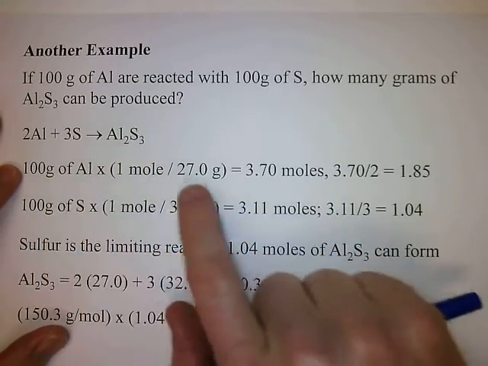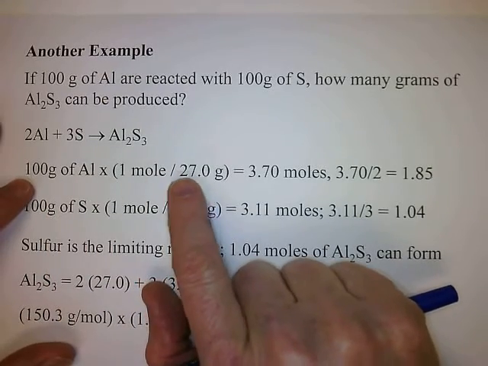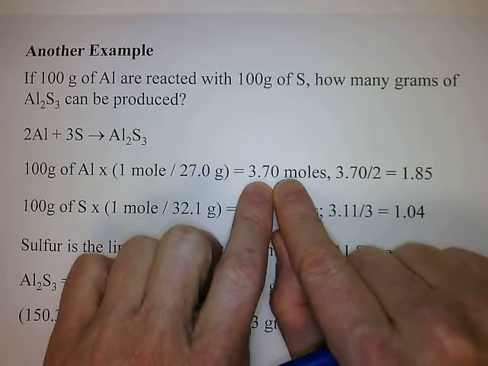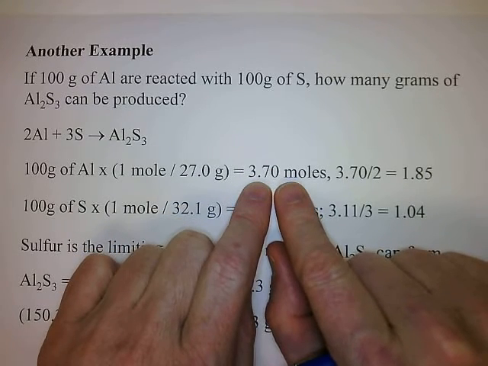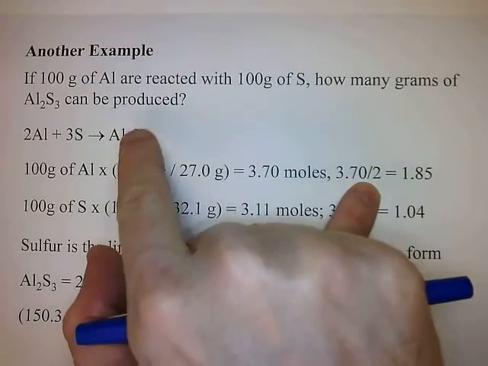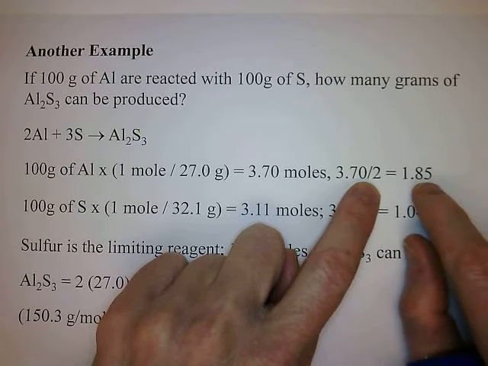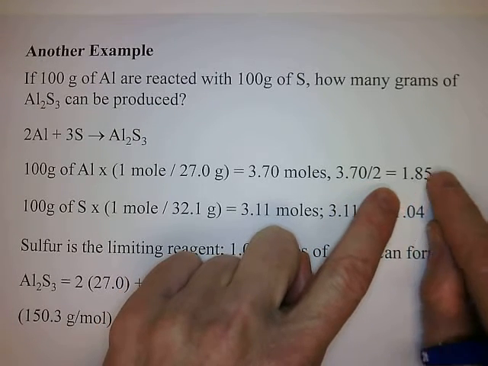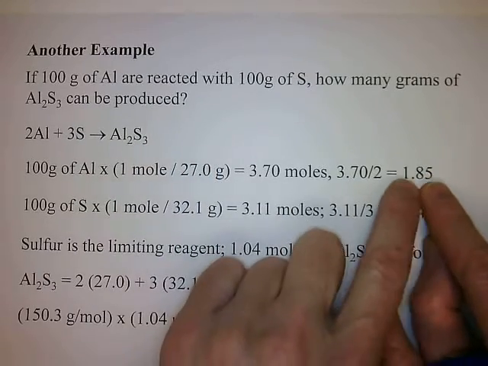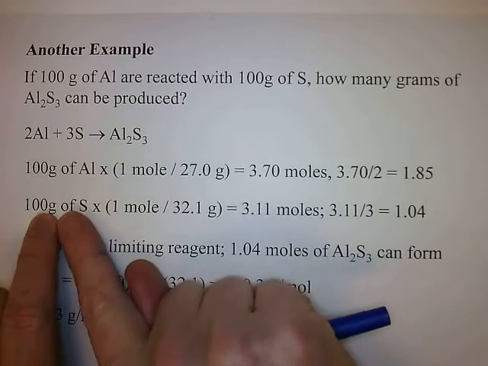We take our 100 grams of aluminum and divide by the molar mass of aluminum, 27 grams per mole, and that's 3.70 moles. Then you divide that by the coefficient in the formula, which is 2. So really it's only 1.85 moles of aluminum sulfide that we could make. Then we do the same thing for the sulfur.